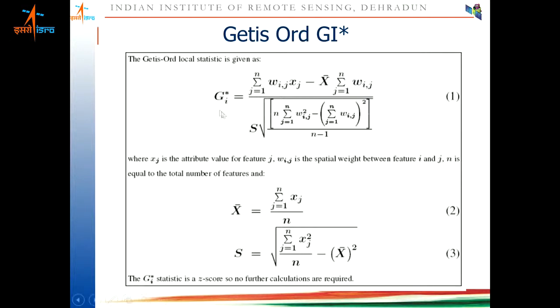You can see that in the Gi star formula already. Here it is wij, the weight between i and j, and xj is the sample value, the random variable value at location j, and the weight between i and j.